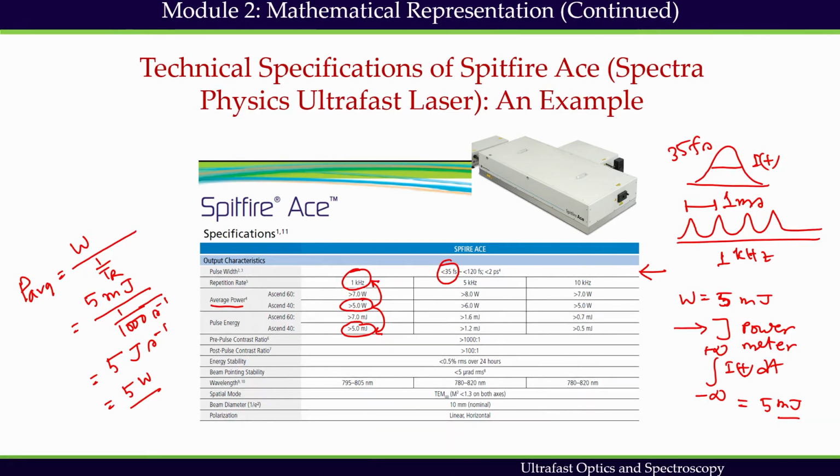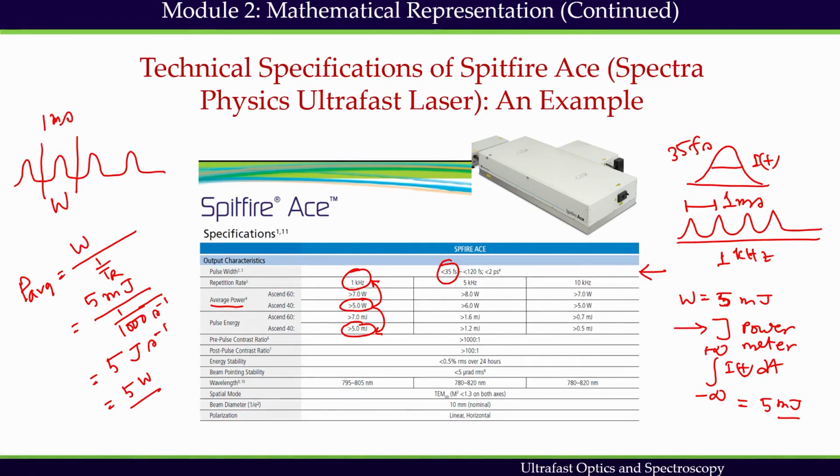So what does it mean? It means that in every 1 millisecond I will have one pulse coming out of this source, and within this 1 millisecond time scale, I have been able to localize W amount of energy. That's exactly what it means.